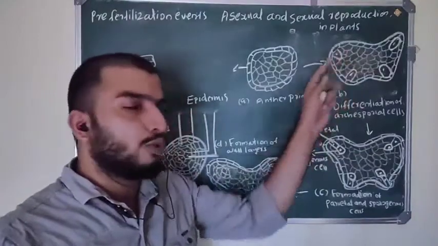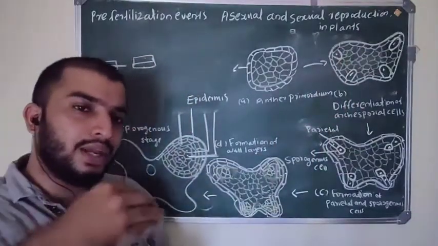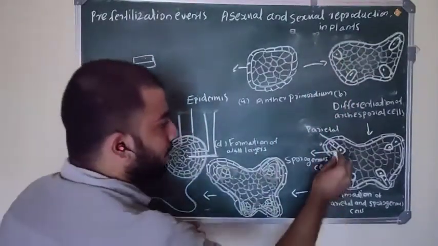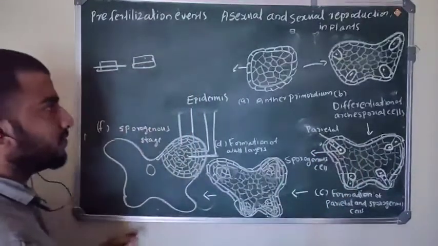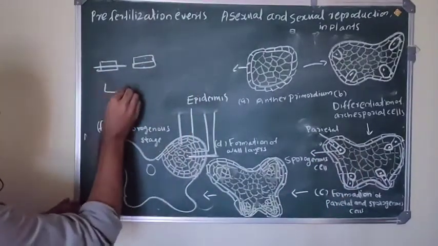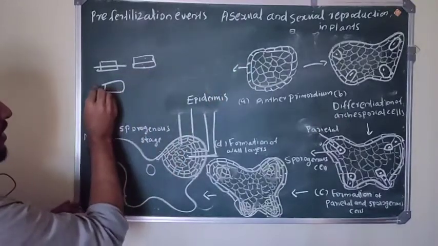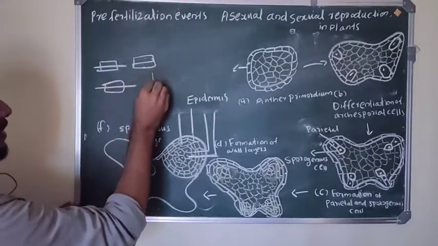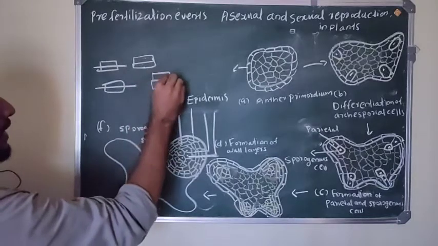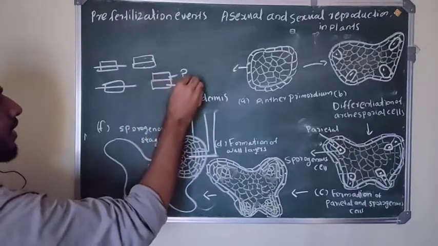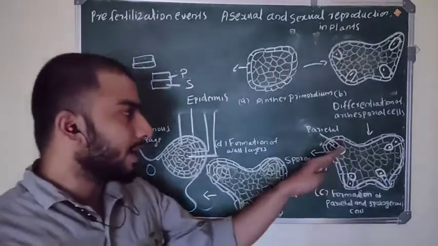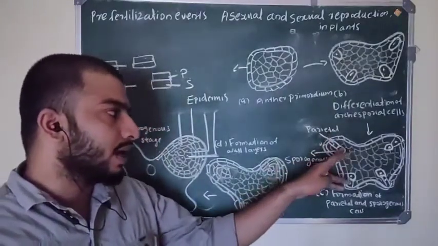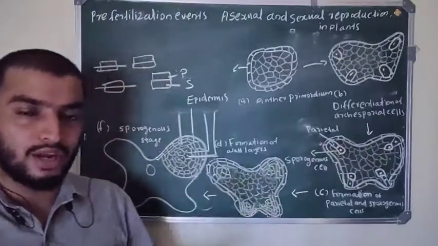The archesporial cell undergoes periclinal division and forms parietal cells and sporogenous cells. Parietal cells lie towards the epidermis and sporogenous cells on the inner side.